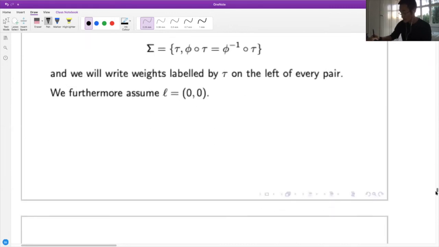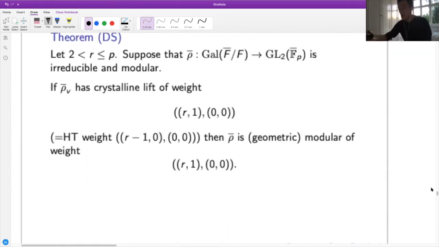Then the statement is the following. Let r be an integer strictly greater than 2 and less than or equal to p. My rho bar is irreducible and modular. Then the following is true.